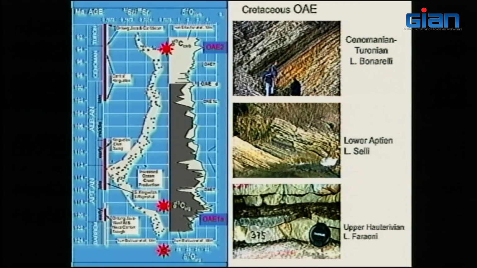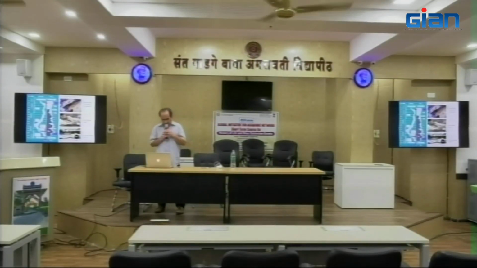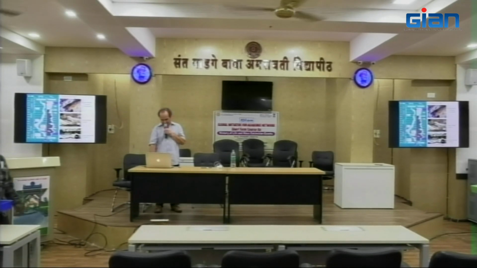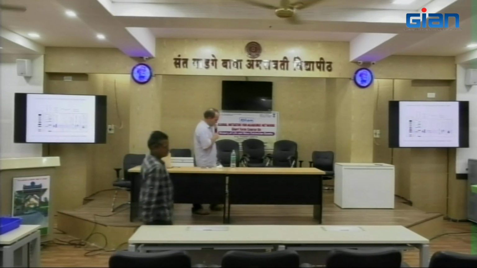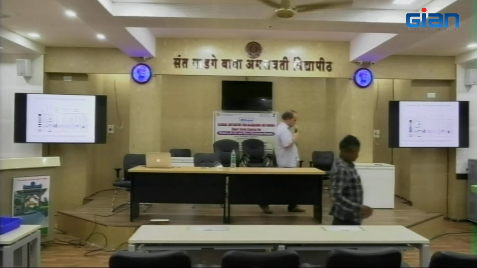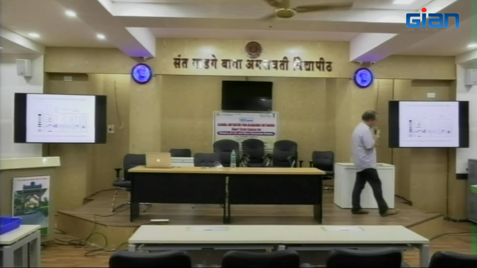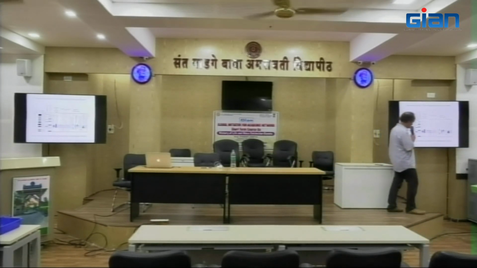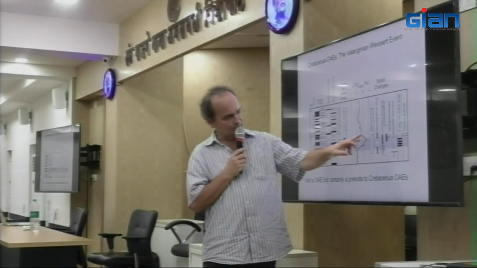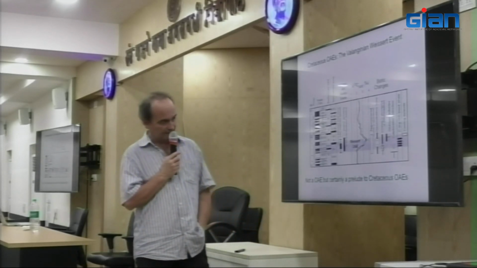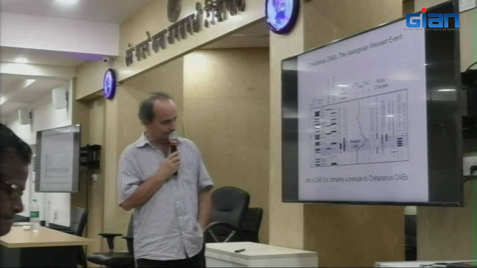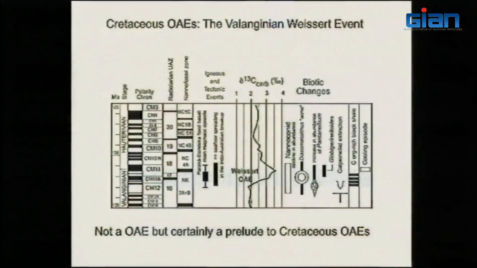So these are the story for this Cretaceous anoxic event. But in fact, the story starts a little bit before, in the Valanginian. The Valanginian stage is lower Cretaceous. We have here a very nice positive excursion of the delta C13, which probably means that you partly increase the productivity.